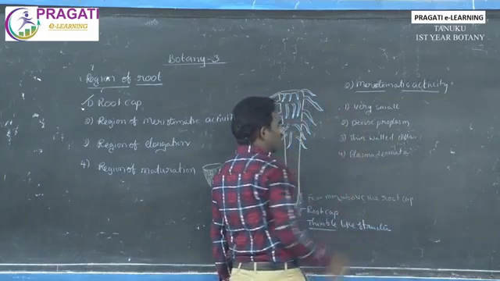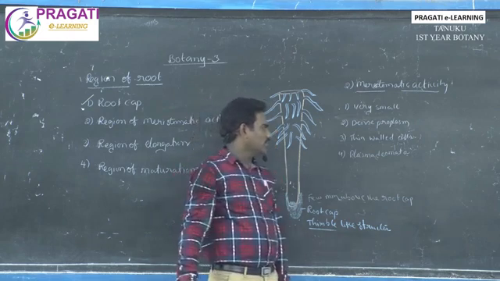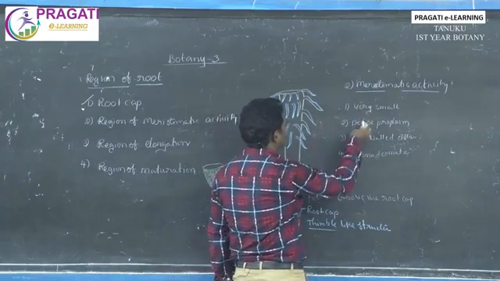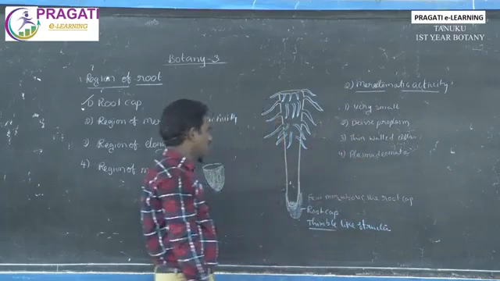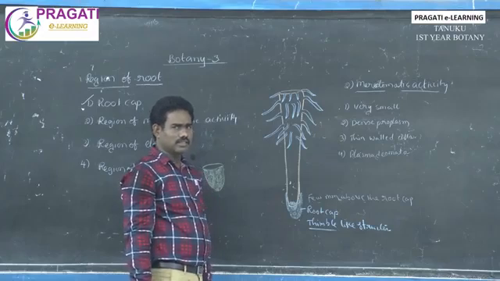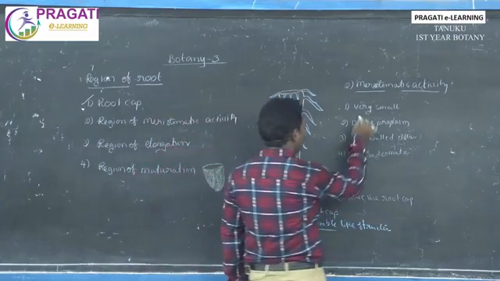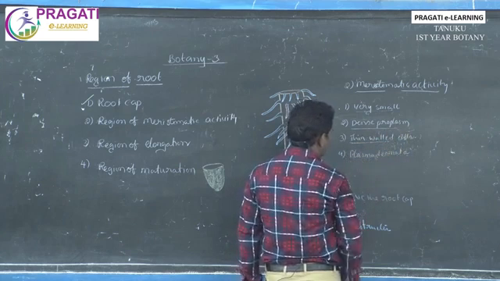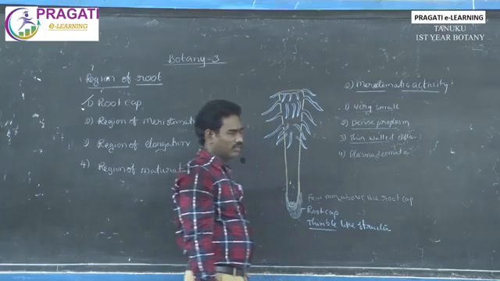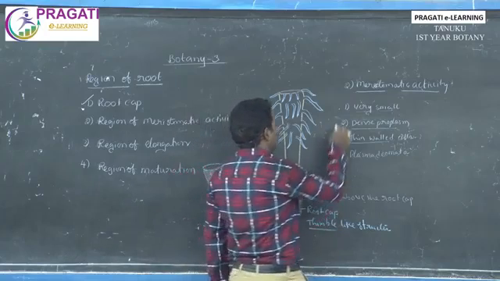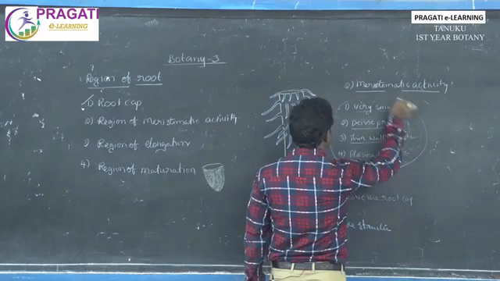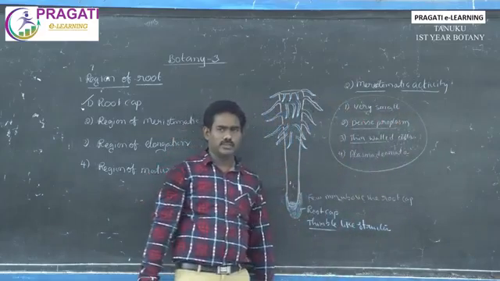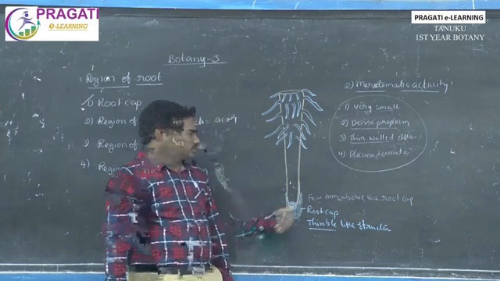Very small cells with dense protoplasm and thin walls are called meristematic cells. These cells are continuously and repeatedly divided. This is called meristematic activity.